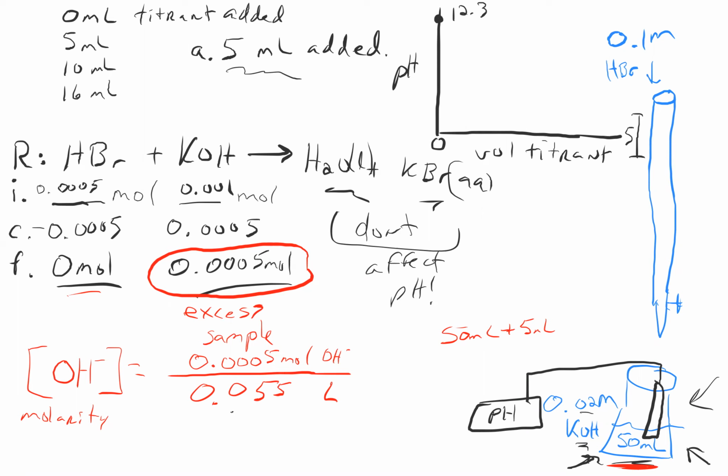So I'm going to take my 0.0005, the number of moles of hydroxide that's left, and I'm going to divide that by 0.055, or 55 milliliters expressed in liters. When I do this, I find that my hydroxide concentration in that flask is expected to be 0.00909 moles per liter.